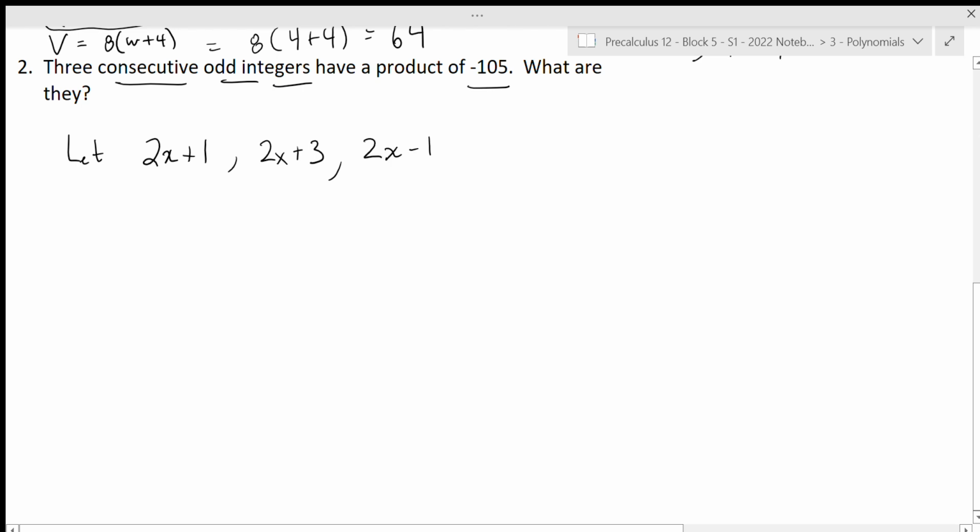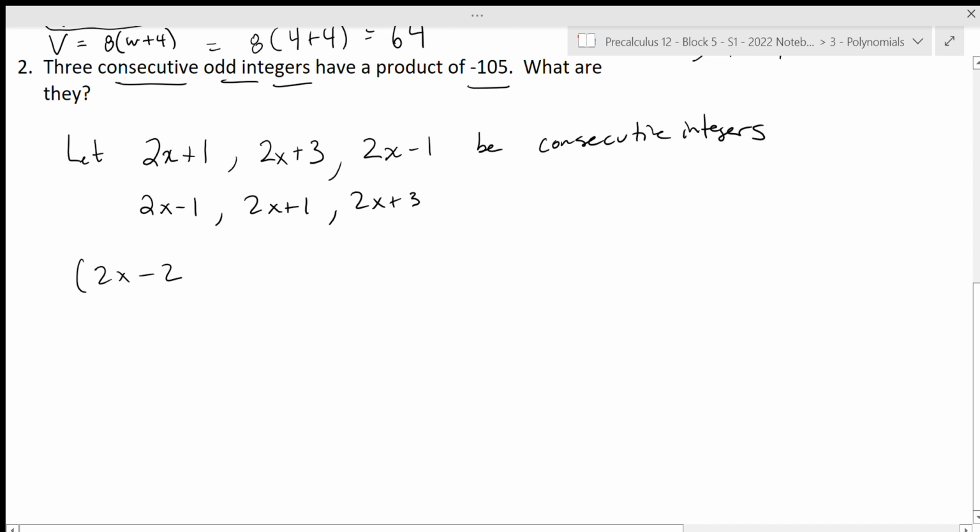So my consecutive integers, if I want to write them in order, I'd really want to write 2x minus 1, 2x plus 1, and 2x plus 3. Okay? They have a product of negative 105.